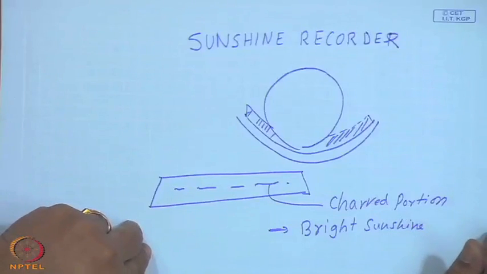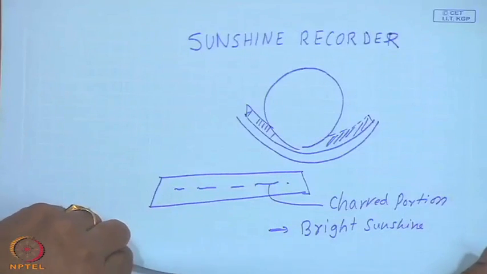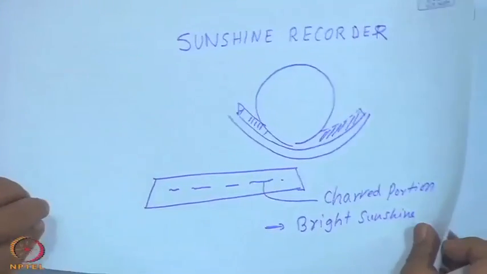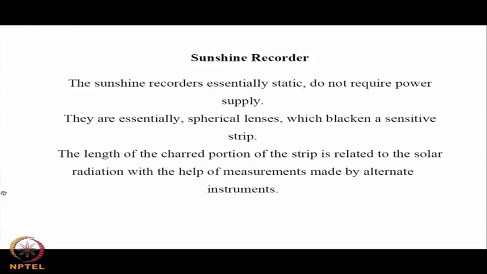Out of a possible 12 hours or 13 hours of solar radiation, if somebody finds 6 hours to be of bright sunshine, they can relate it to the total number of hours of sunshine possible on a particular day in the location to the total amount, which is approximate, but there have to be empirical constants usually derived based upon the location.